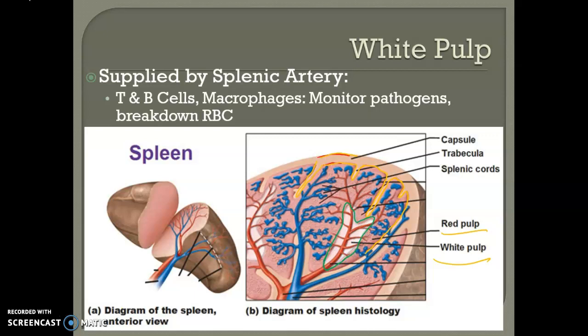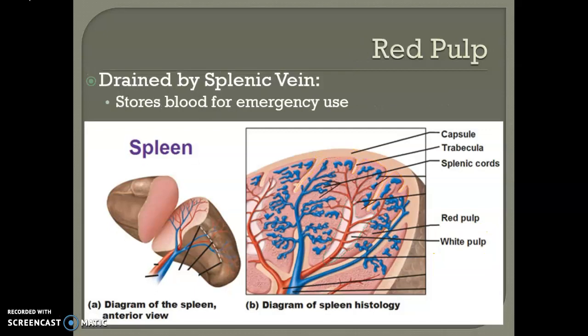If you look at the red pulp, the red area is associated with the splenic vein. Okay, so the white pulp is supplied by the splenic artery, and the red pulp is supplied by the splenic vein.